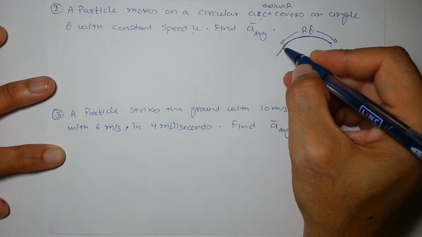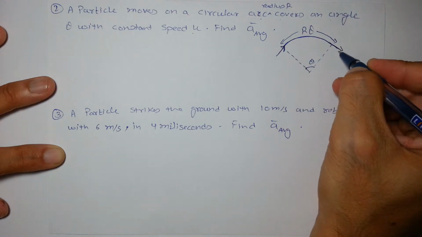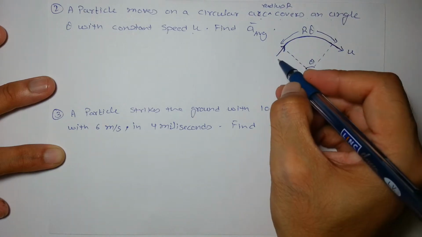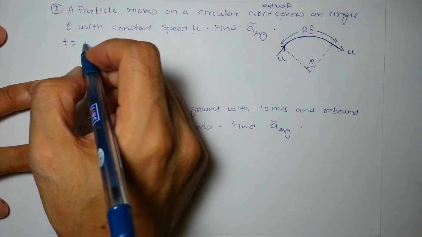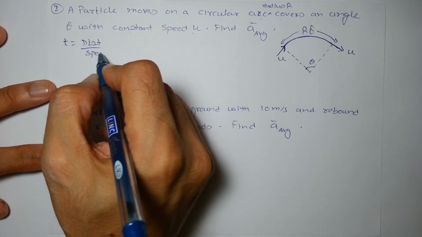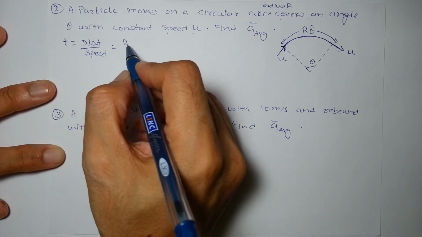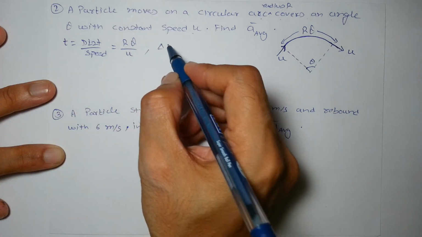This is the initial velocity and this is the final velocity, and the magnitude is the same, u. First of all, time is distance upon speed, so that is simply r theta by u. And what is the change in velocity?